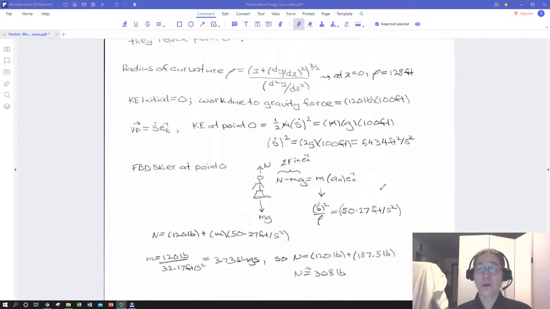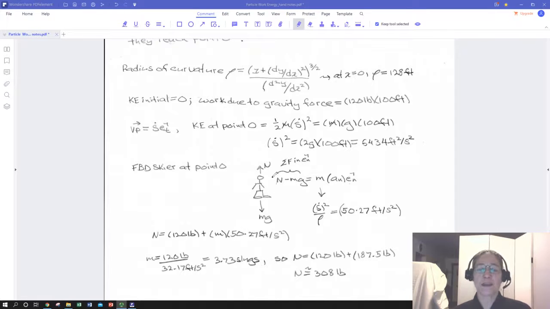Well, let's invoke Newton's second law in the normal direction. To do that, we're going to need an FBD. So here's a skier, skiing along, right at that low point. He's got his weight acting downward and the normal force acting upward, and the two are collinear at this point where he's right down there at the bottom, because he's not on a slope.